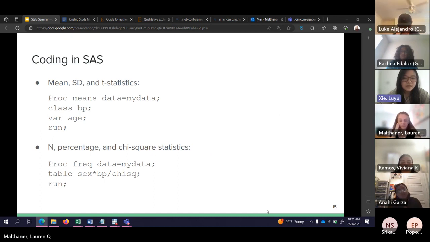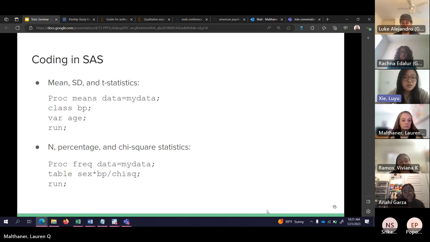Okay, so in SAS, you also use proc means as we did before for computing and comparing the mean and standard deviation, but you just put a class before the var. The BP stands for blood pressure. That's a binary variable. So it will give you two means of age in the normal blood pressure group and high blood pressure group.